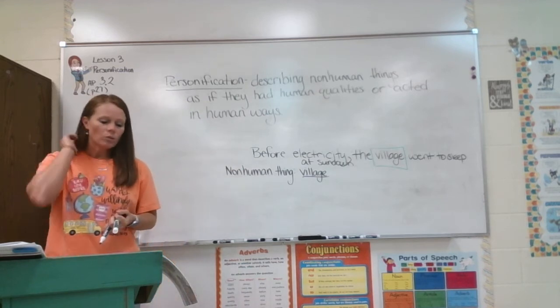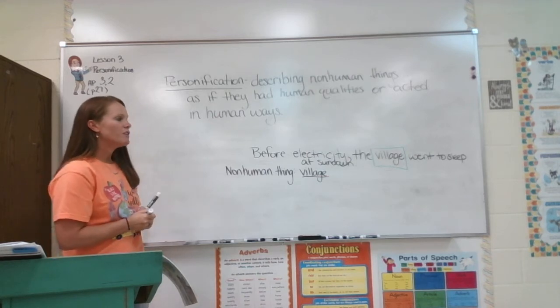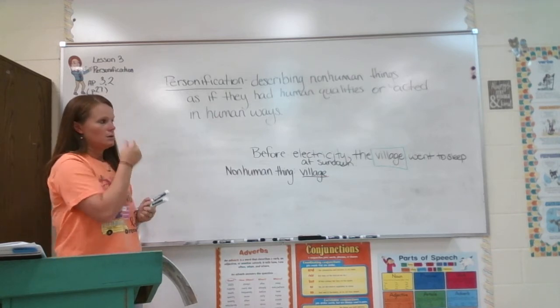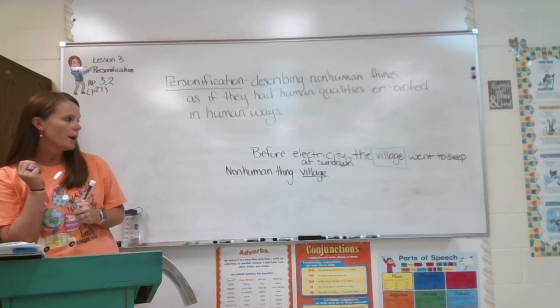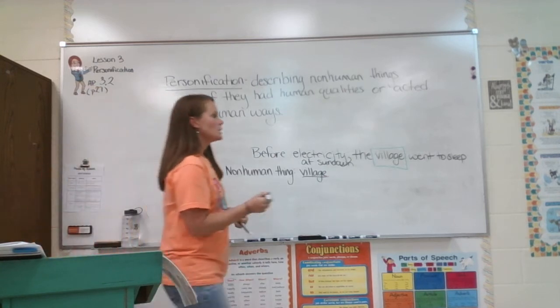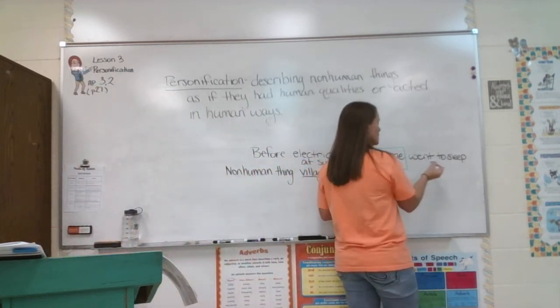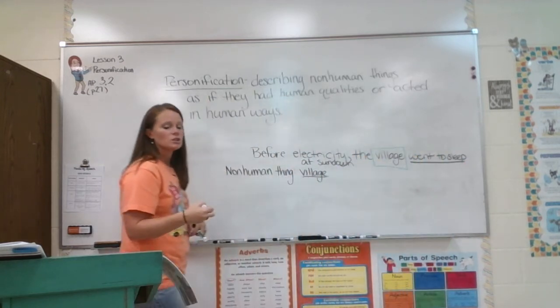Now I want to think about, what is my human quality or my action that my village is doing? So when I look at my sentence, before electricity, the village went to sleep at sundown. The action that the village is doing is going to sleep. So I'm going to underline this section here, went to sleep. That's telling me what my village is doing.